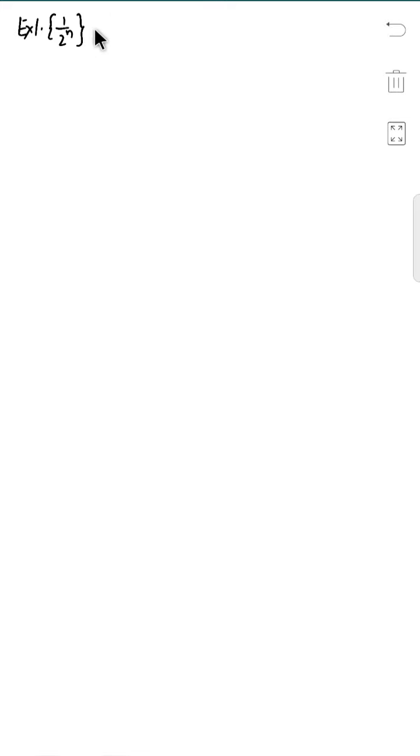So this means the terms of the sequence are like this: 1 by 2, 1 by 4, 1 by 8, 1 by 16, and so on. When n is equal to 1, this is 1 by 2.